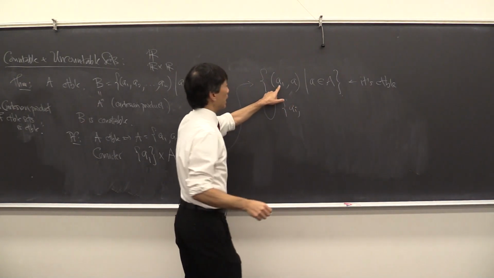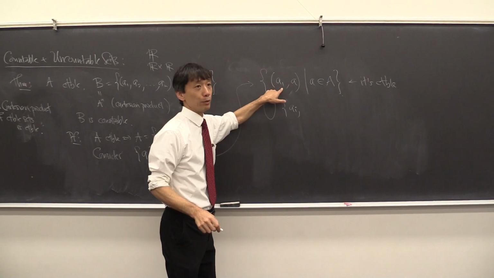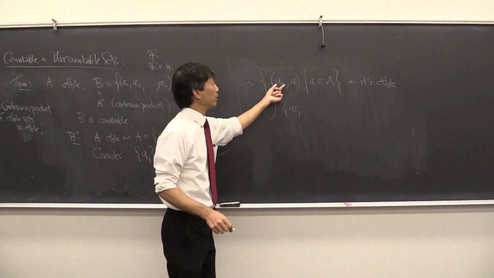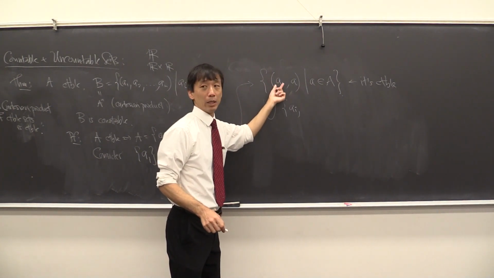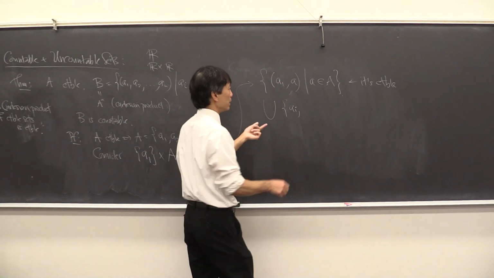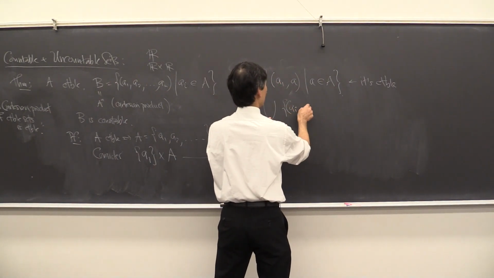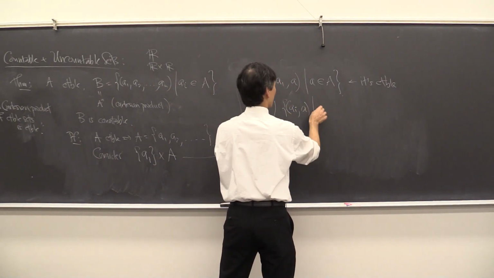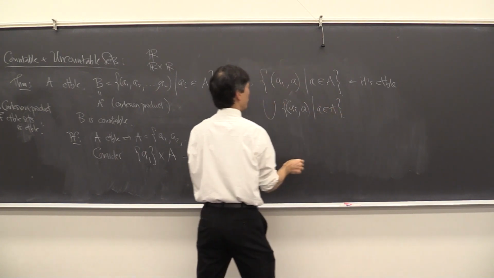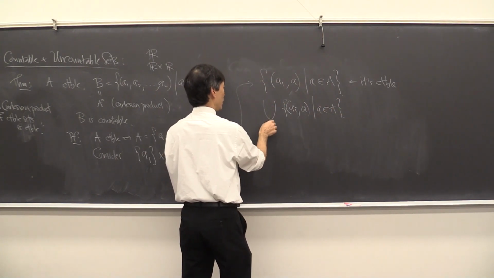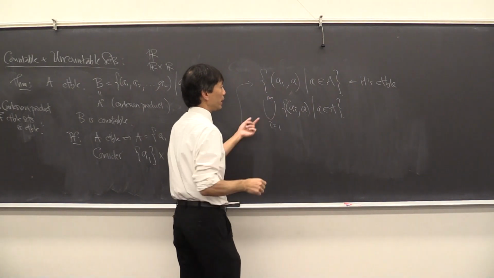But now consider the union of all these things. Take A2 in place of A1, then A3, replace this by A2, replace this by A3, replace this by A4, et cetera. Let's take the union of all those things as i goes from 1 to infinity.